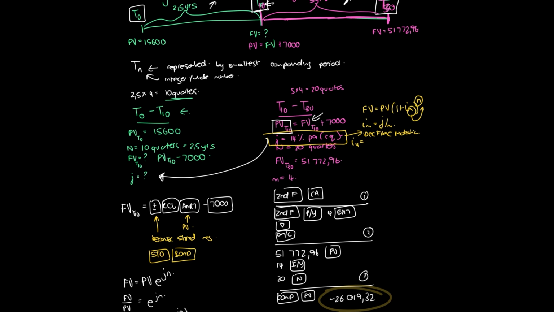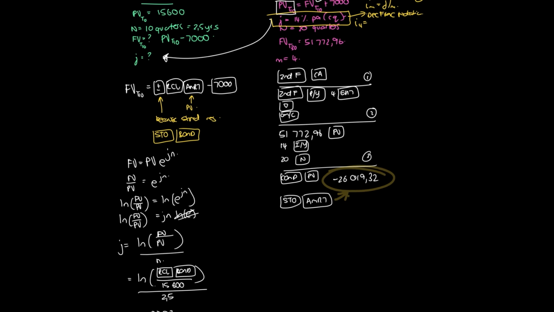So for our part 2, we could just use the financial calculator to go ahead and solve it. And we acknowledge that we need to be very, very careful when we're storing our numbers to acknowledge the negatives and positives in them, because they're going to affect our calculations when we recall those variables later on.